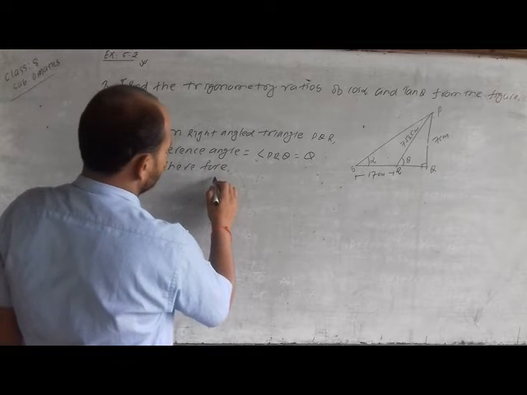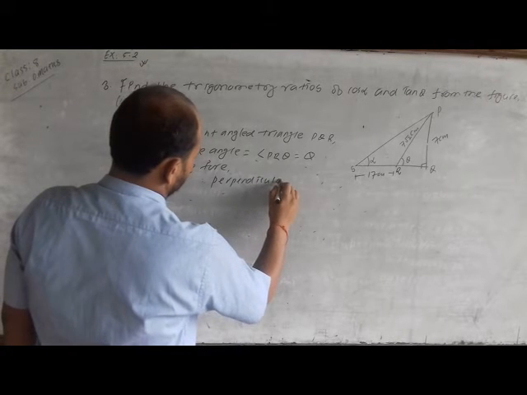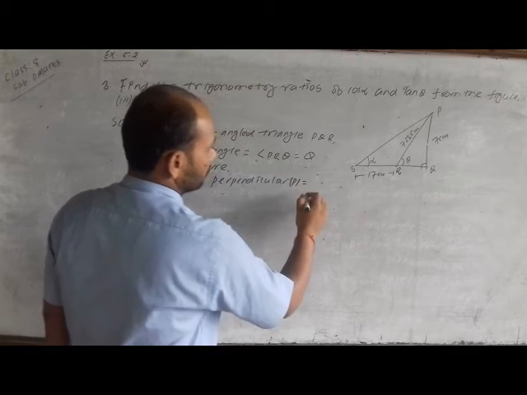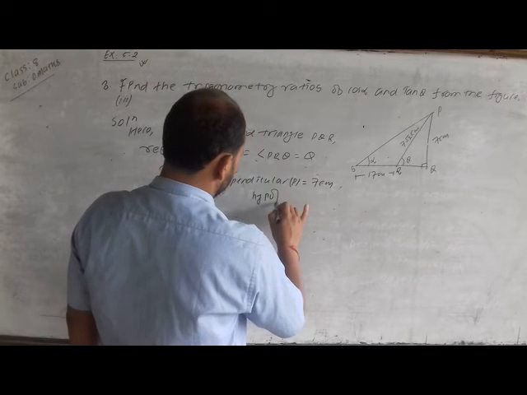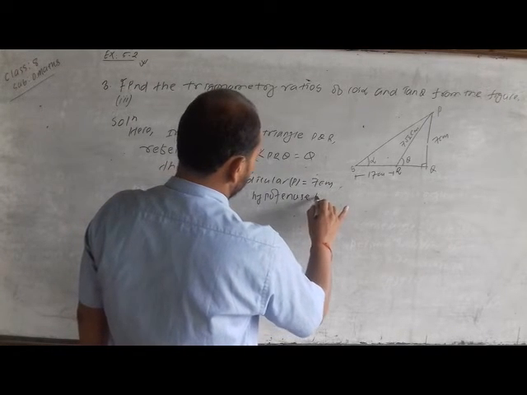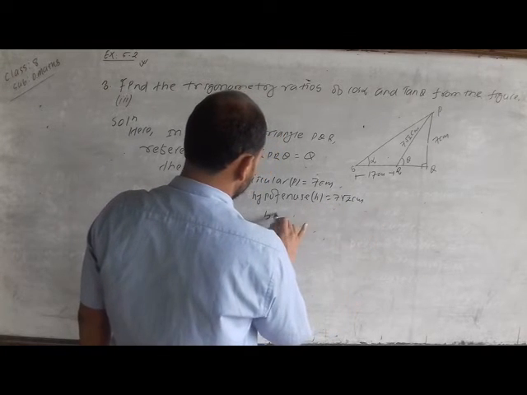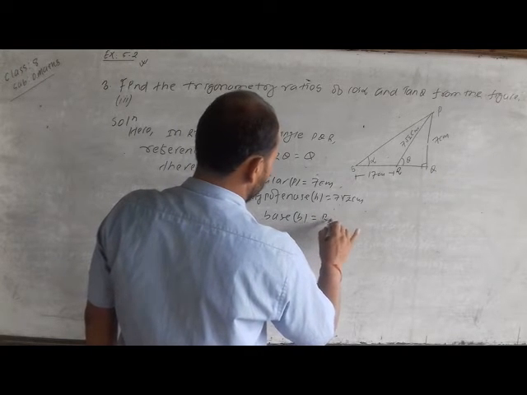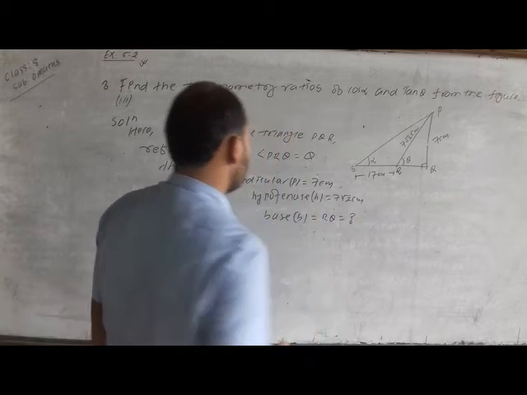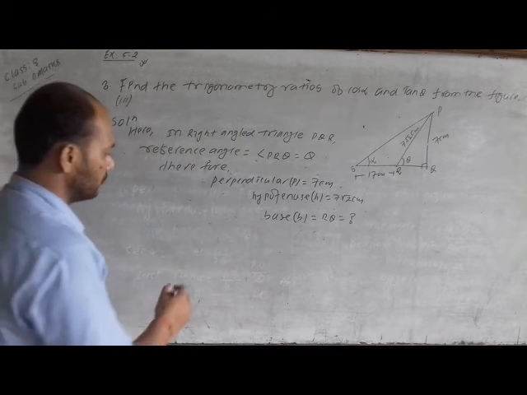Therefore perpendicular P is equal to 7 cm, hypotenuse H is equal to 7 root 2 cm, base B is equal to RQ is equal to 1. So first you should find base RQ by using Pythagoras theorem.